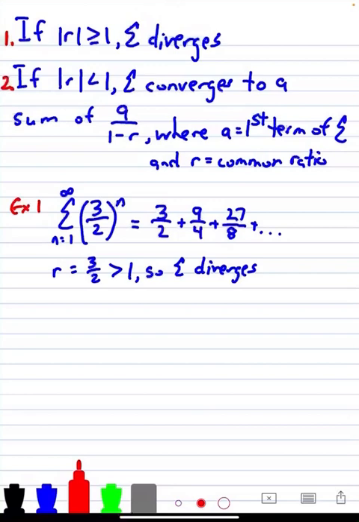Now, I want us to look at this one. We're going to look at something that looks very similar, just a slight change to it. And this is how series can be tricky.